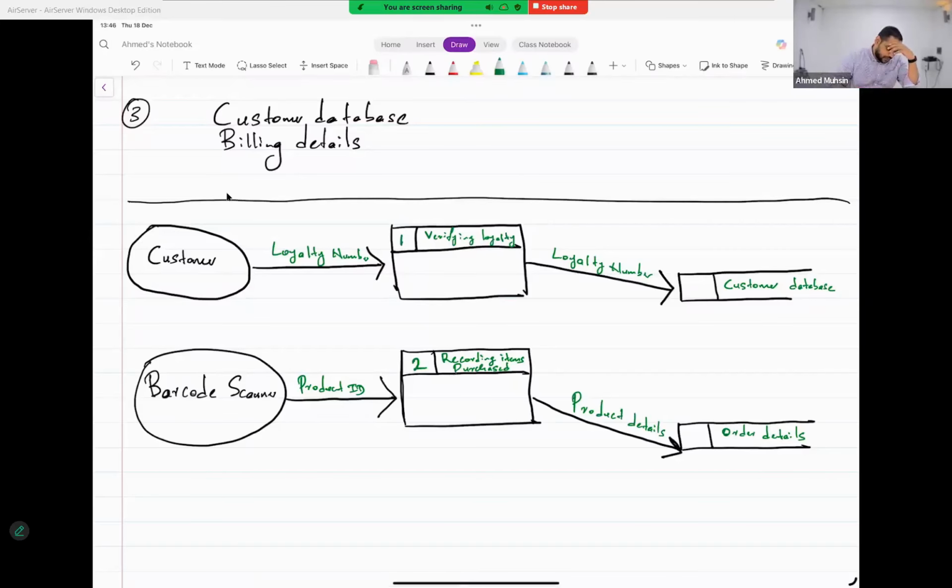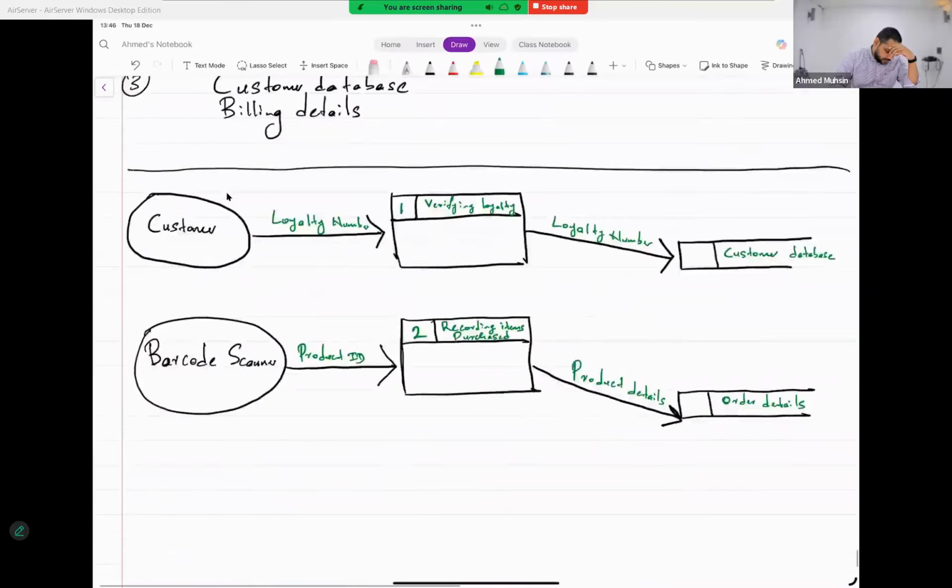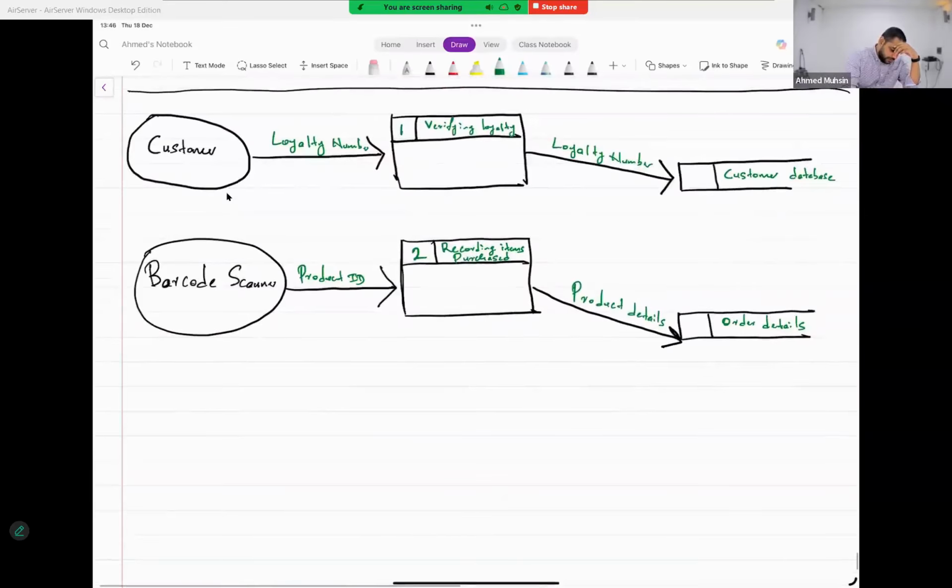Then guys, process number 3 we identified as generating of the bill, right? Printing of the bill. Generating bill is our third process.